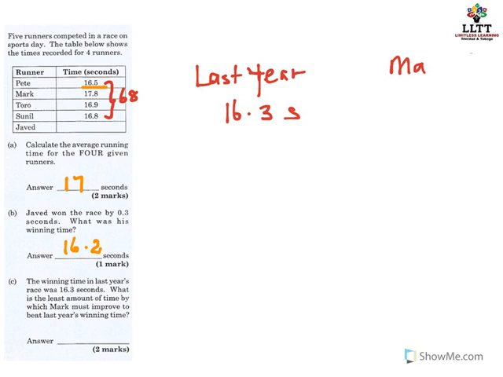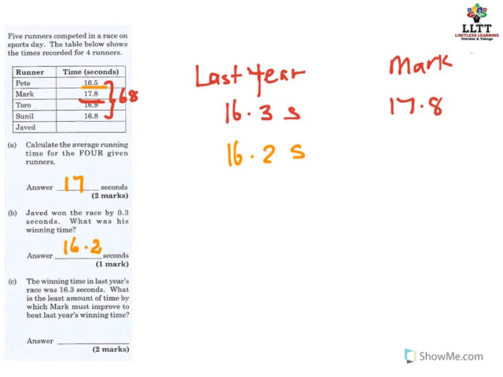Mark currently has 17.8 seconds, right? This is Mark right under here. So in order for Mark to beat last year's winning time, he has to get smaller than 16.3 seconds. So Mark has to get 16.2 seconds in order to beat last year's score.